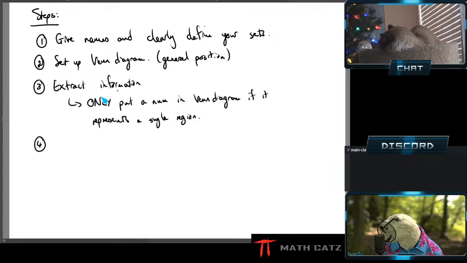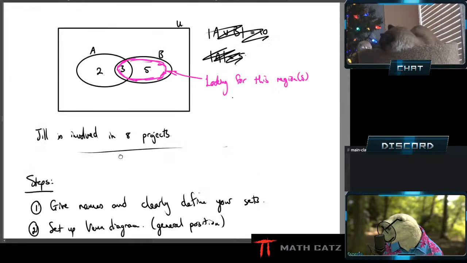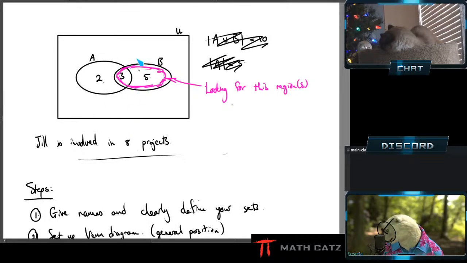Okay, so that's my safety. And if there's information, I do want to get it out. If it's not ready to be put in the Venn diagram, I'll write it on the side. Maybe later I can, but it does happen sometimes.